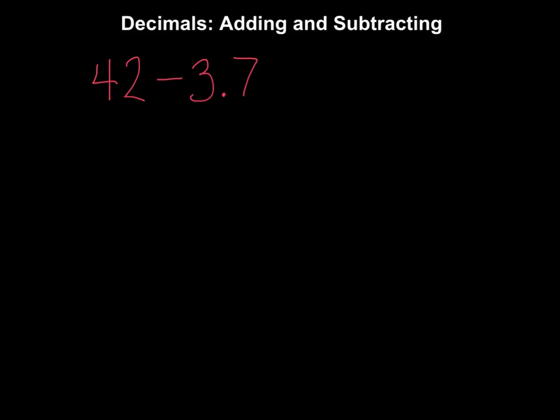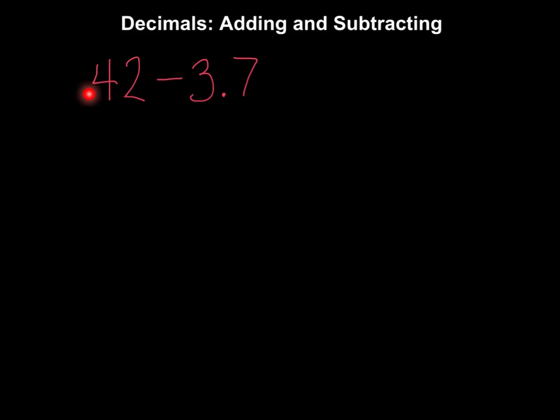For our next example, I've selected 42 minus 3.7. So remember, the key to this is we have to line up the decimals. But we can see a decimal clearly here on 3.7, but on 42 there's no decimal that we can see. So the challenge here is we need to think about where would the decimal be on 42 so that this is still 42.